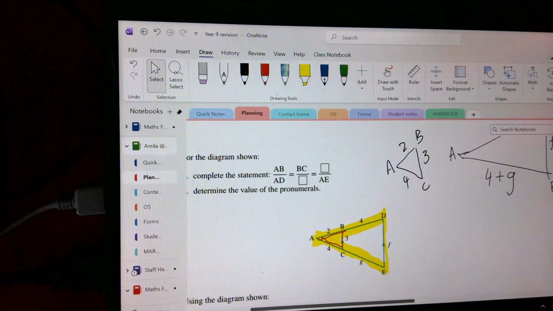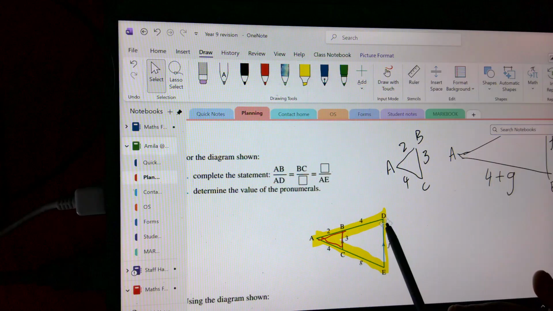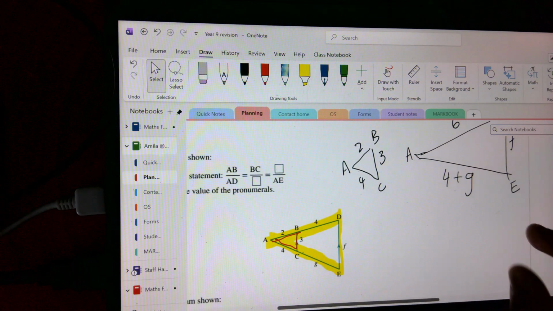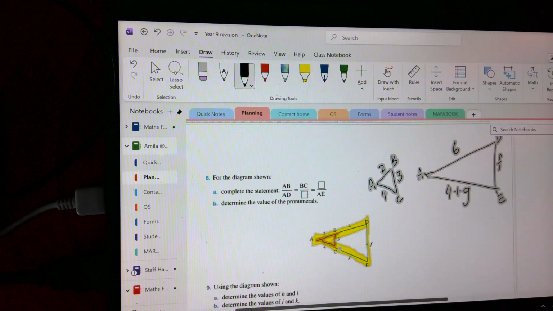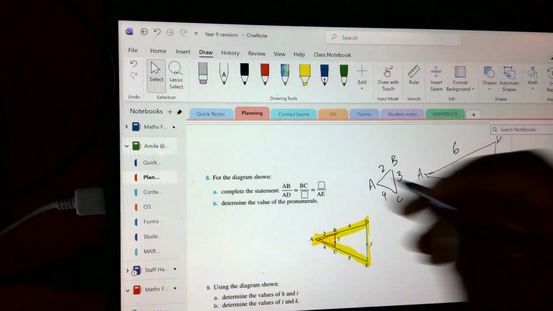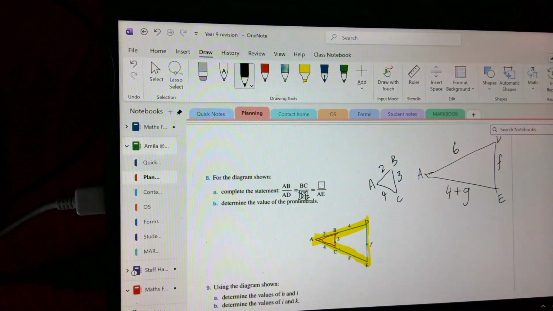So AB is here over AD is going to be same as BC. So AB is the small triangle, BC is the small triangle, AD is the big triangle. So the similar side, BC is going to be the same as DE. So I'm just going to write DE there.